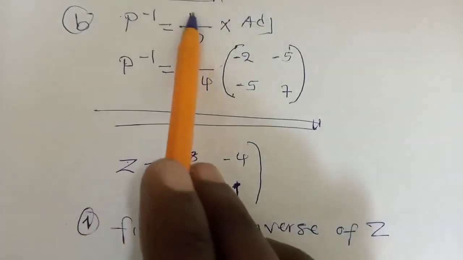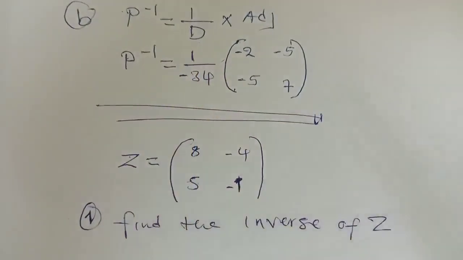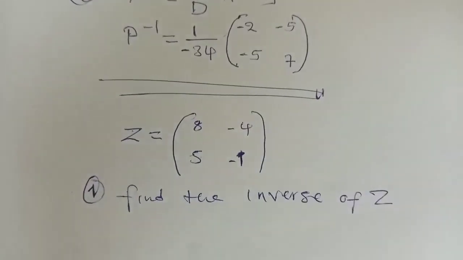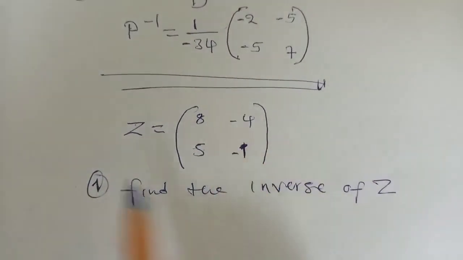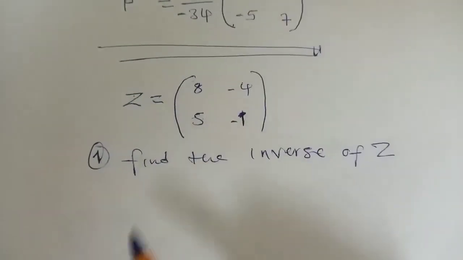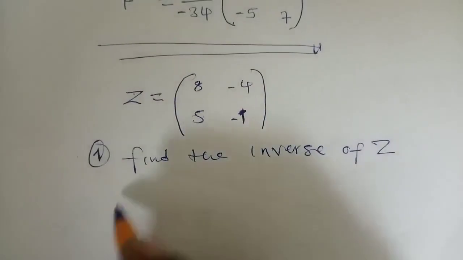They will not tell you to find the determinant, but you should know that you need to find the determinant before you find the inverse. So you follow that same procedure.